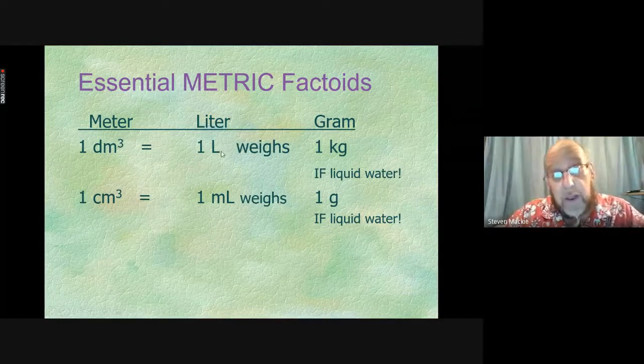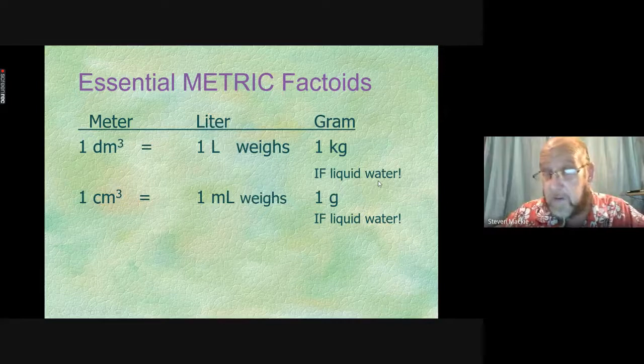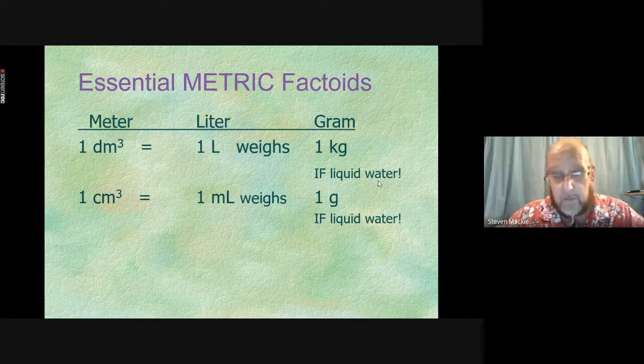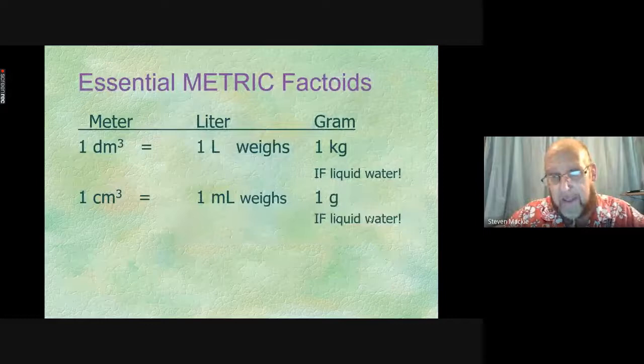Now, 1 liter, by definition, this is the way they set it up, it isn't a coincidence, weighs 1 kilogram if you're talking about liquid water. It's only for liquid water. So here's what this means. It means that they based the weight system in the metric system on water. Again, liquid water.